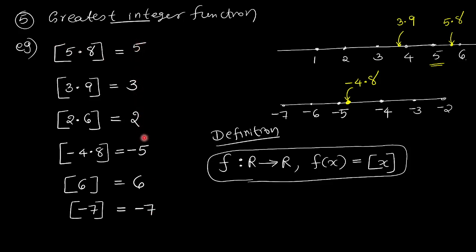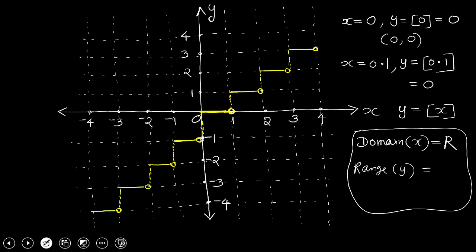You are getting integer values, positive integers, negative integers, etc. So these are the values of y. So y is integers, positive and negative, the set of integers denoted by Z.